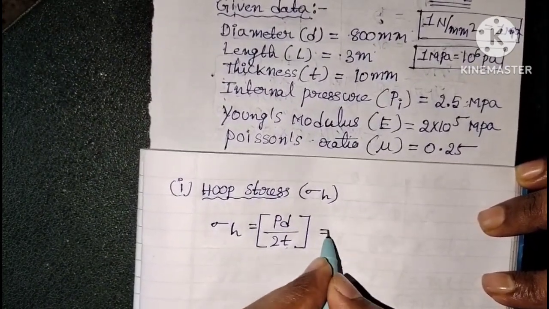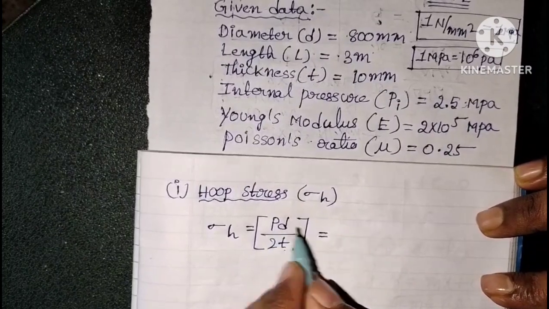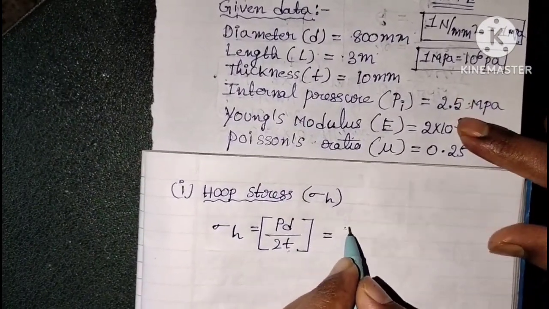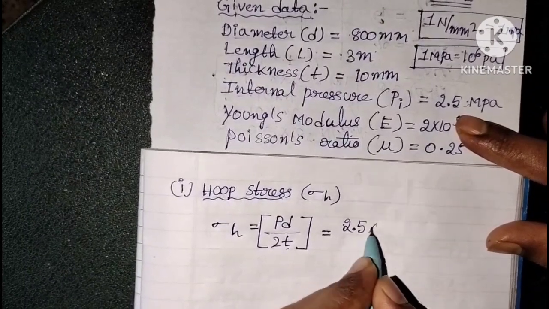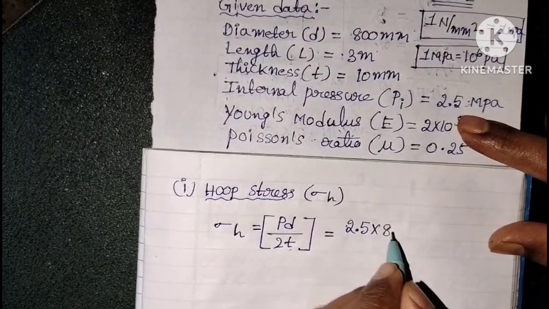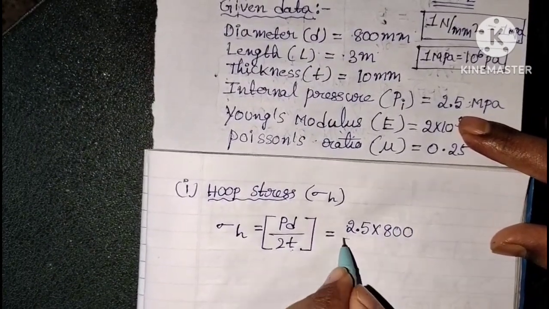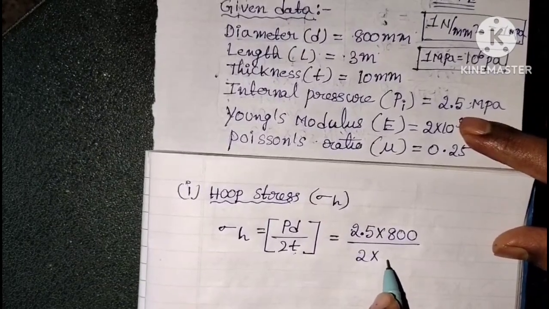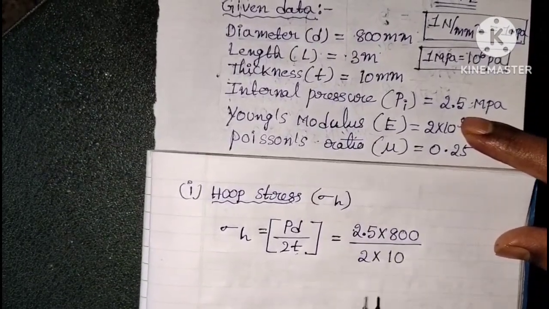Now substitute all the values. Internal pressure is given 2.5 MPa. So 2.5 into diameter of the cylinder, 800 mm, by 2 into thickness. Thickness is given 10 mm.